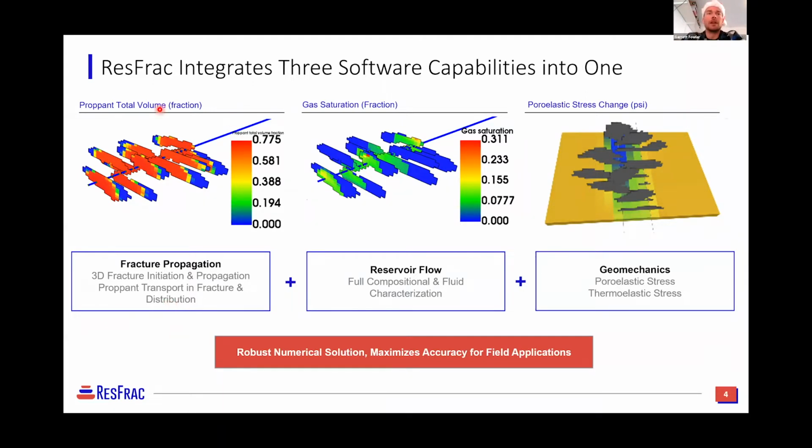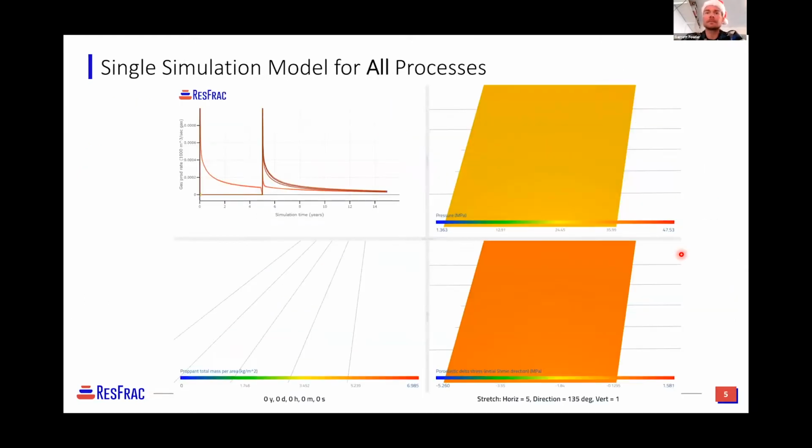So that begins with hydraulic fracture propagation and tracking where proppant goes, then goes directly into those matrix fluids entering and flowing through the fractures into the wellbore, and finally any geomechanical impacts of pressure depletion happening in that rock matrix.